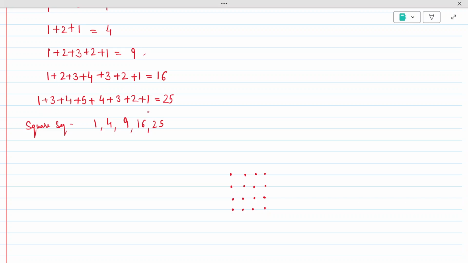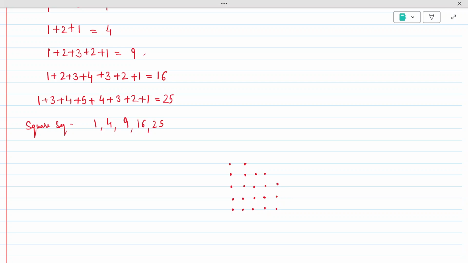So now the last one here, 1 plus 2 plus 3 plus 4 plus 5 plus 4, 3, 2 and 1. So we have 1, 2, 3, 4. Now we have to make 5. So I will make a dot here and I will make a dot here. This is 5. Now 4. So 1 here and 1 here.